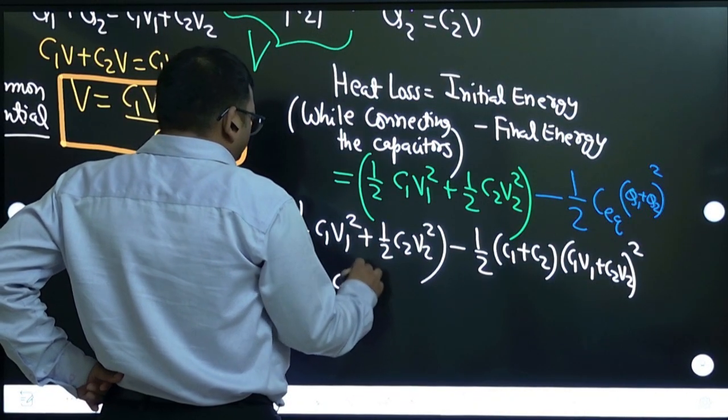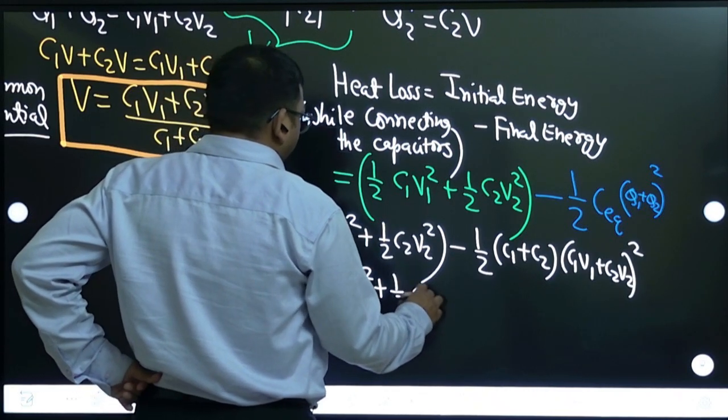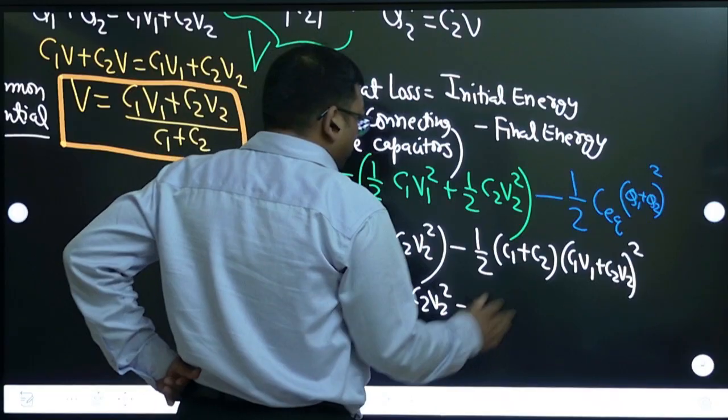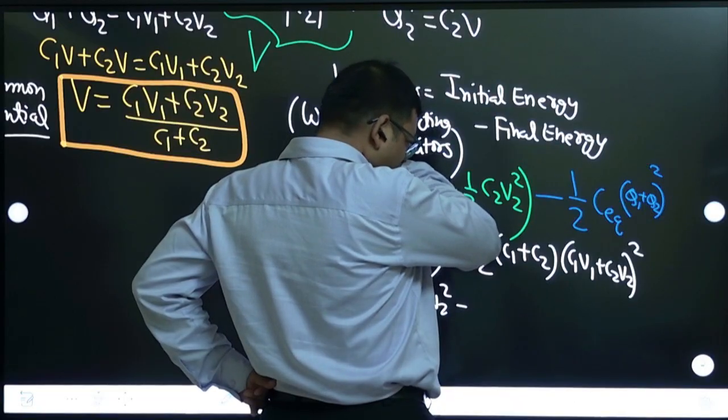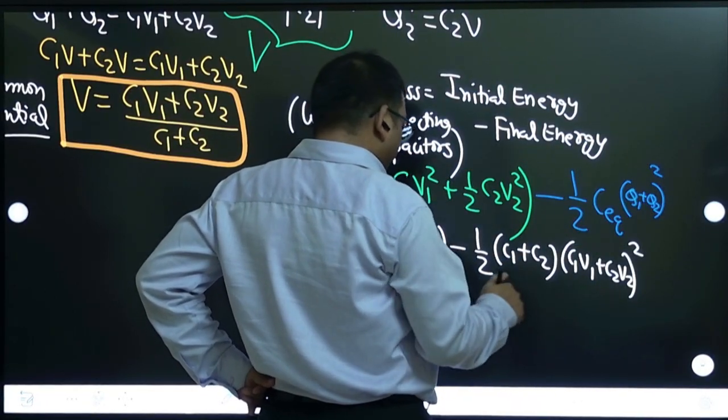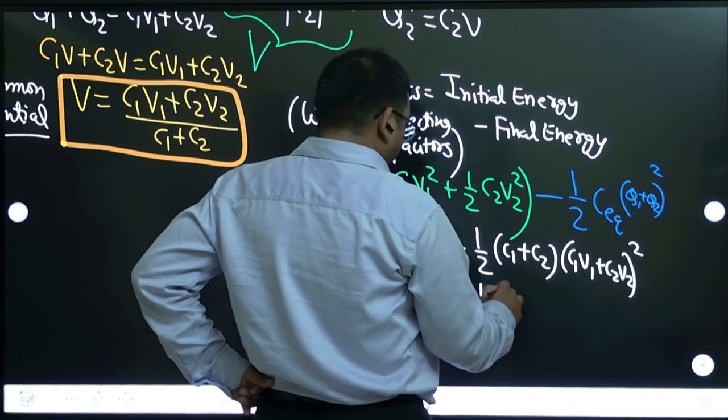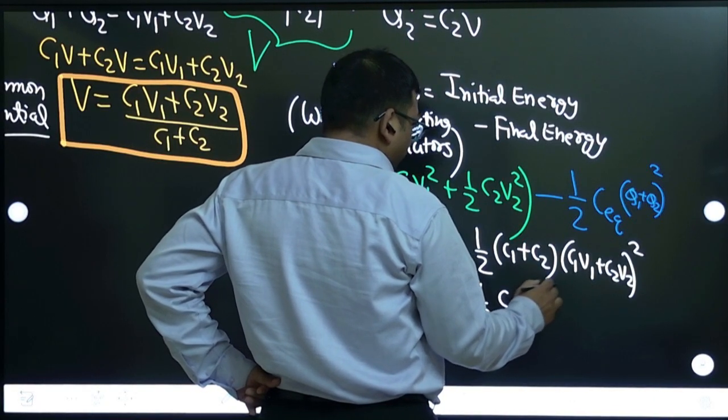Half C1 V1 square plus half C2 V2 square minus. Let us open that. So a square plus b square plus 2ab will come, right?